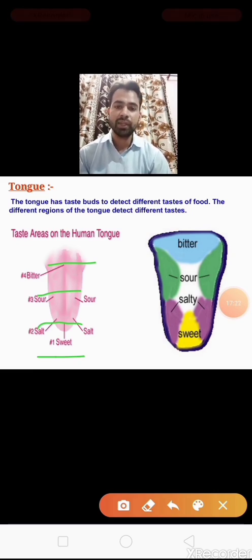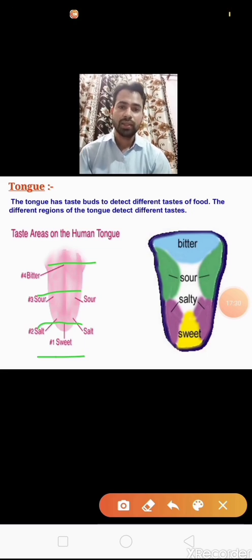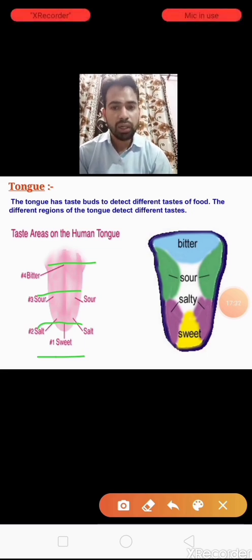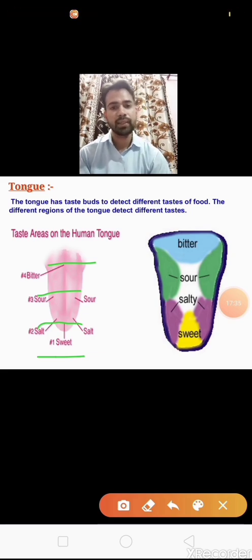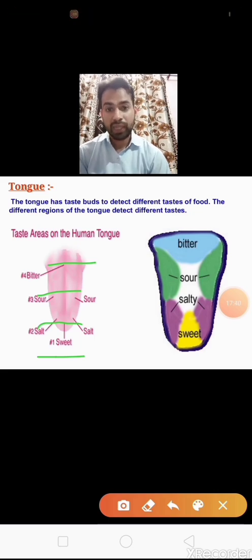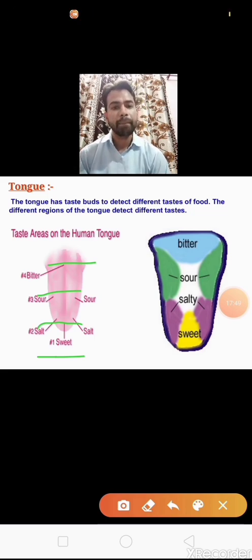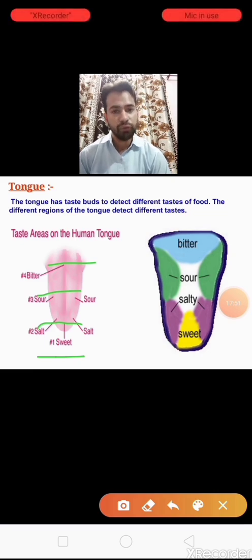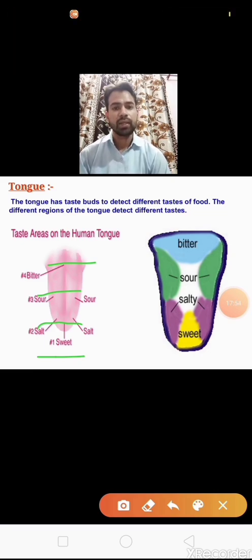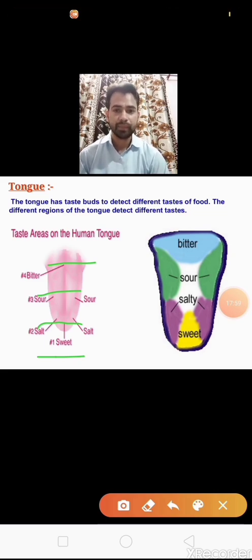You can see in the picture, the first one is sweet, second salt, third sour, and fourth bitter. Okay, children, so now can you tell the functions of the tongue? The first function is speaking, second is mixing the saliva with food, third, it detects different tastes. Okay, clear?